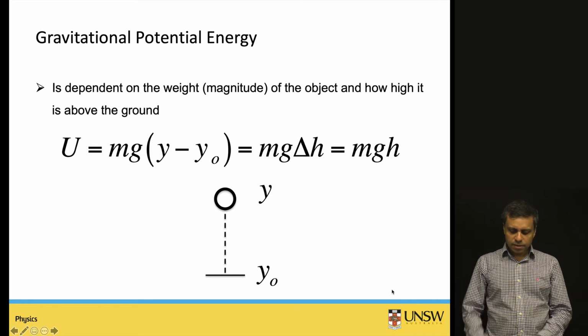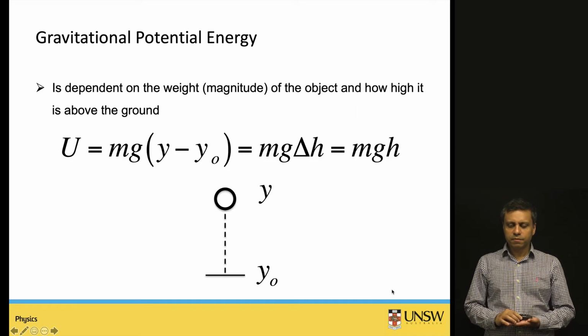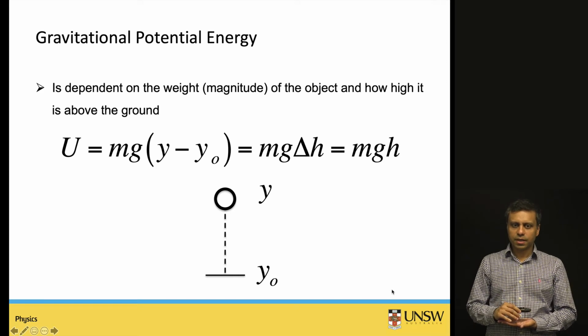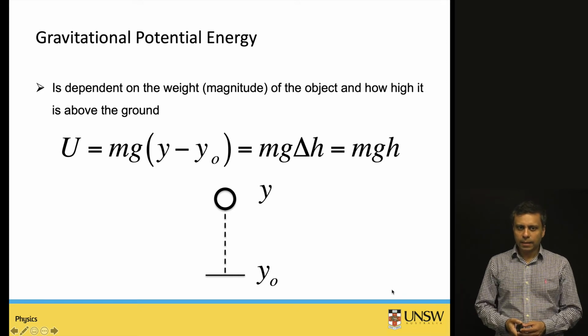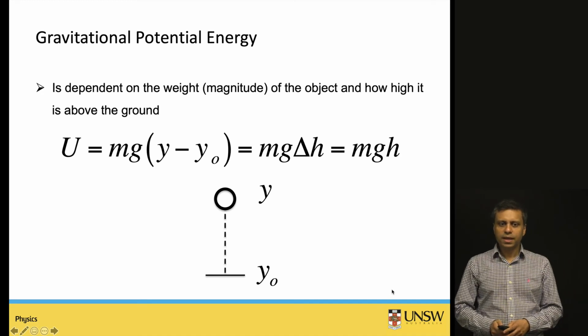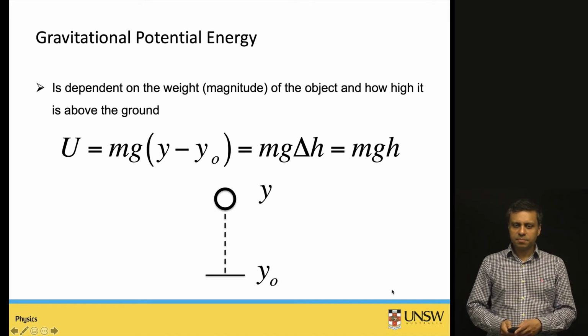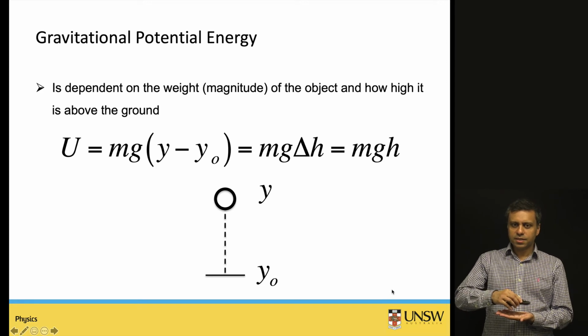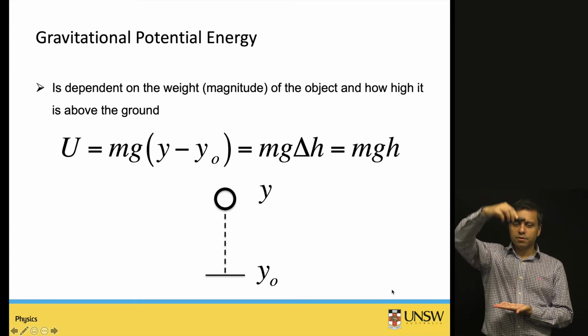Now let us look at the expression for the potential energy due to the gravitational field. The potential energy is represented as U. It's given by m times g times the height the object is displaced to, basically. So it has some initial height, and I take it to a final height.